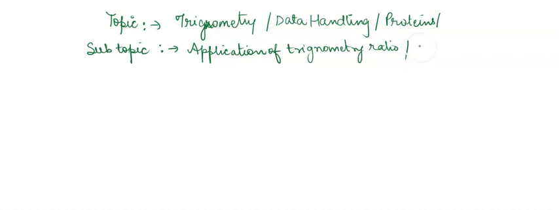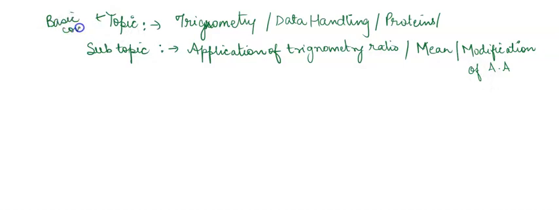Or if the question has a core concept of data handling, but the subtopic here is mean, mode, median, then it is that. And if the topic is protein, and the subtopic consists of mutation in proteins or modification of amino acid, this will be your subtopic. So topic means the basic concept of the question, and subtopic is the main concept of the question.